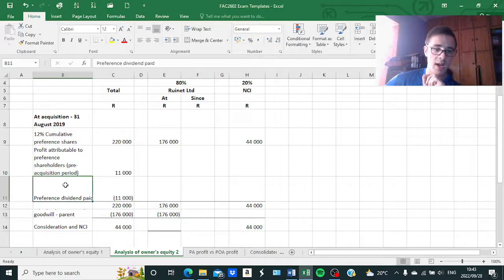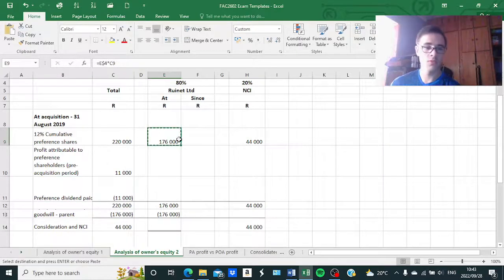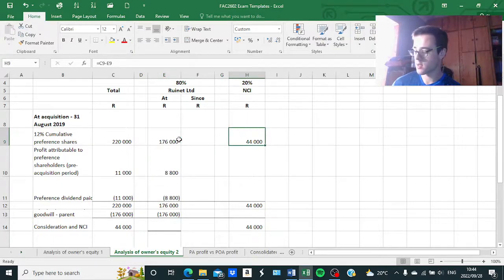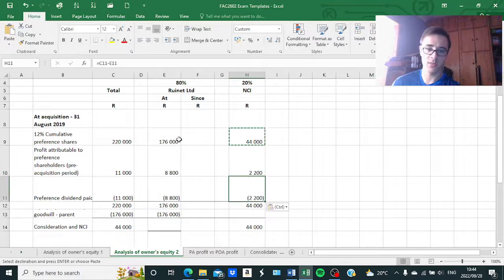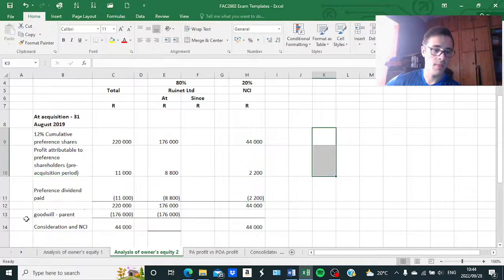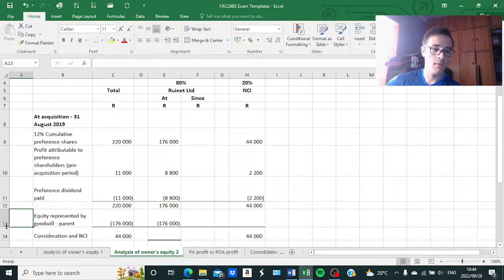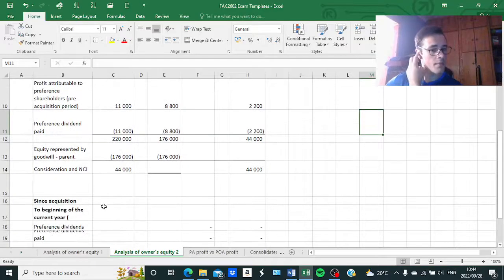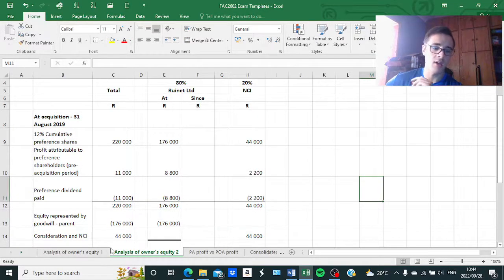The amount attributable to the parent would be 80% of the total, which is 8,800. And for the subsidiary, it would be 20% of the total amount. We'll calculate goodwill later on. Let's enter our total consideration.